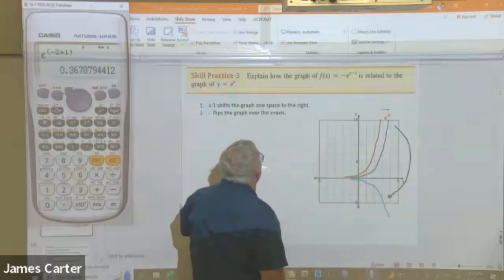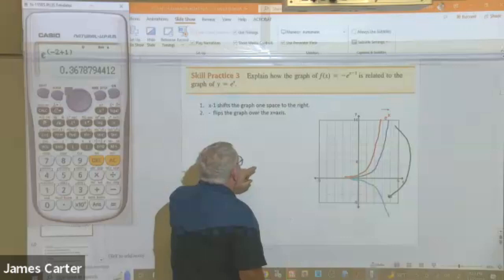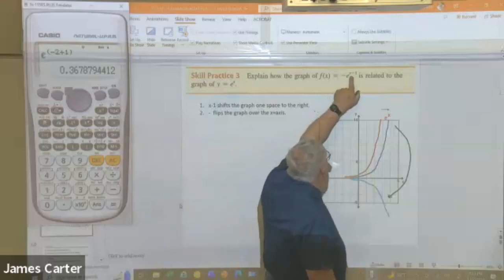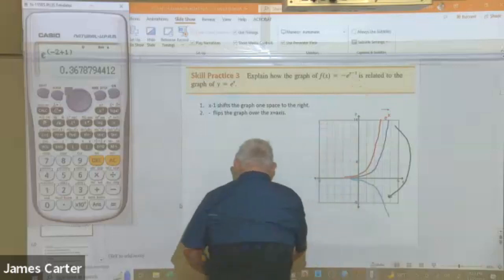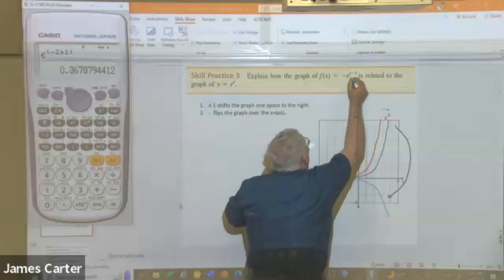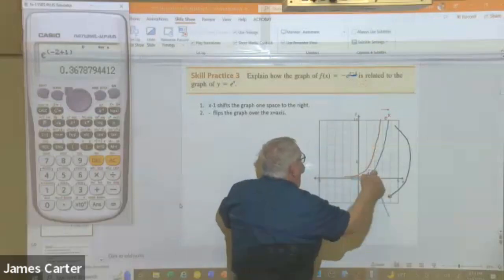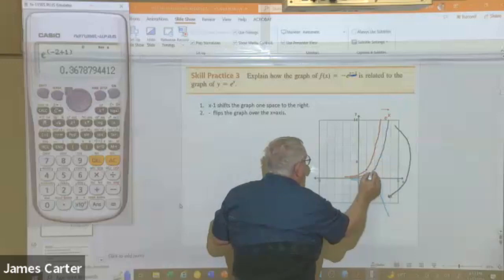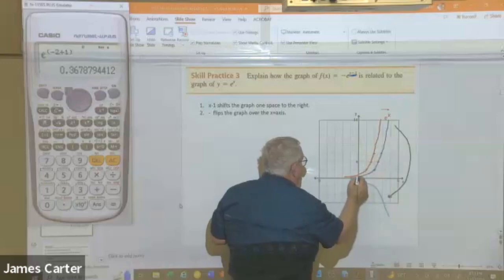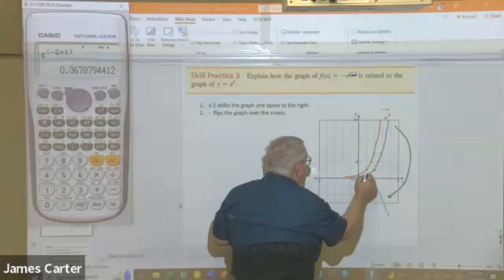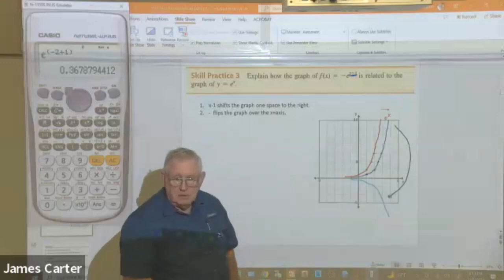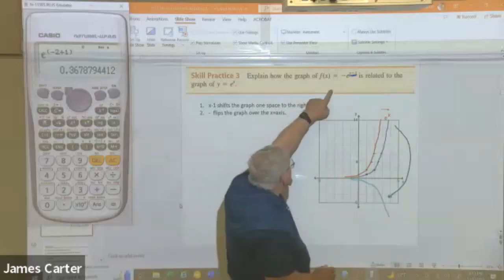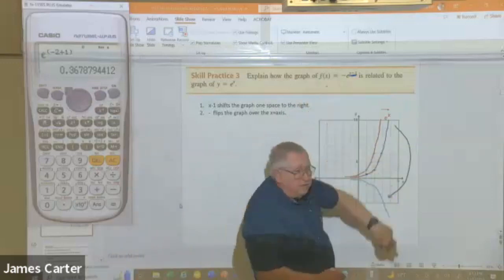Okay? Now, this part is going to shift me one place to the right. This point became here, this point became there, and so on. This negative is going to flip me.